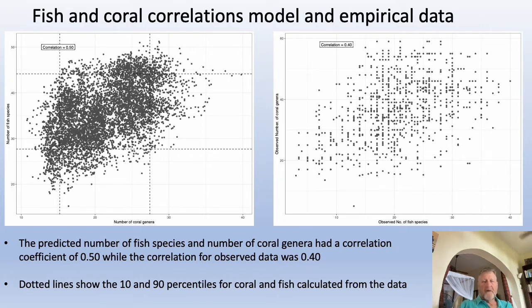Here I'm showing the relationship between the coral and fish biodiversity. On the left you're seeing the predicted from the model, and on the right you're seeing the actual empirical data. The point here is that they are positively correlated, but the second point is that there's fairly high variability, that they're not a tight correlation, such that when you combine these two sources, you're probably covering different aspects of the forces behind the biodiversity, and therefore probably getting a good indication of what biodiversity is like using these two proxies.